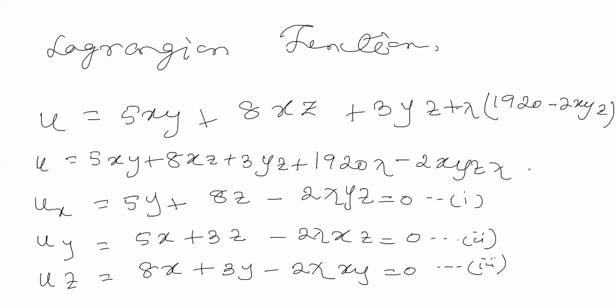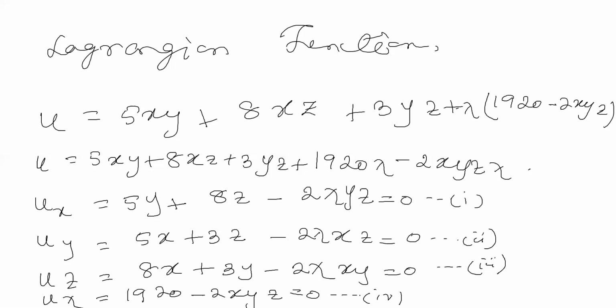Now don't forget to differentiate with respect to lambda as well, which is simply 1920 minus 2xyz, and you can set it equal to 0, and this is your equation number 4. I hope you haven't forgotten the necessary condition where we always need to take the first order derivative and set it equal to 0 to solve for the critical values.